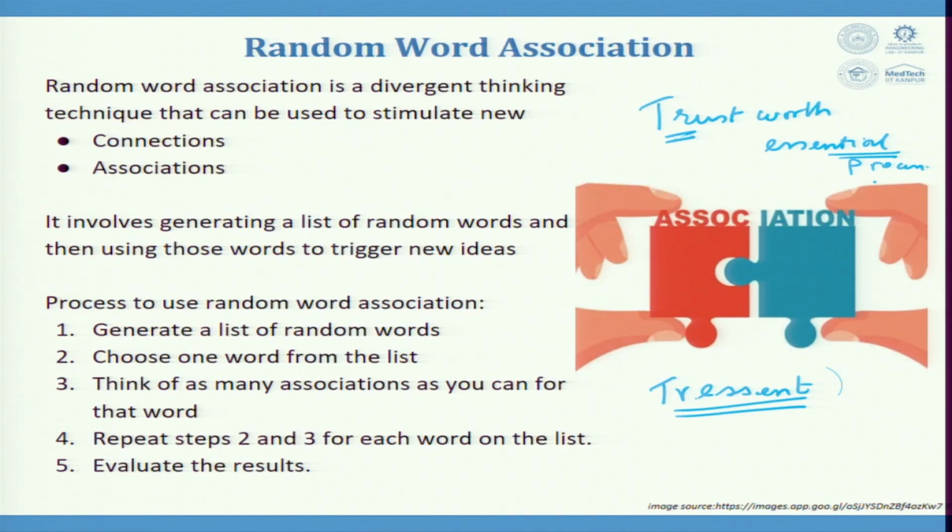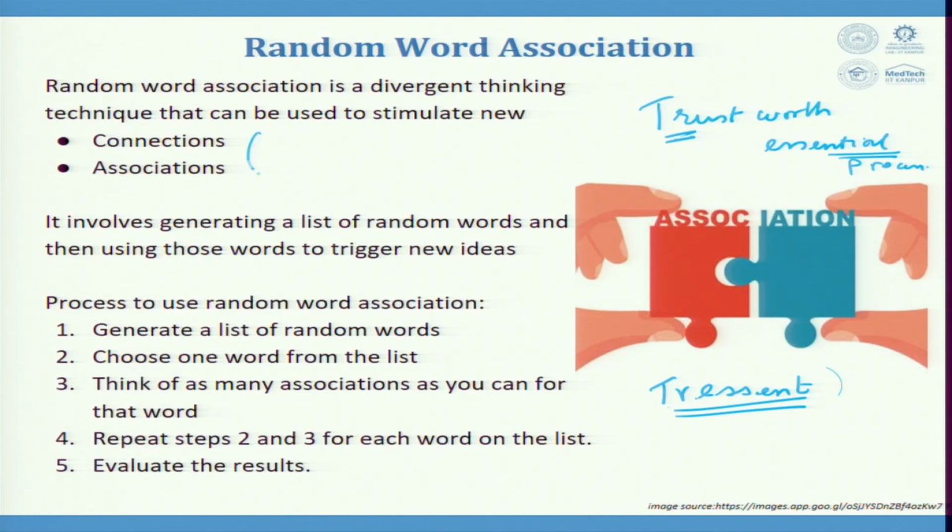Trustworthy essential software or process, I made it into TR, trustworthy TR, and essential, I made Tressential. So, I can make it like so. That is what you try in random word association, to form a keyword and then look for ideas.